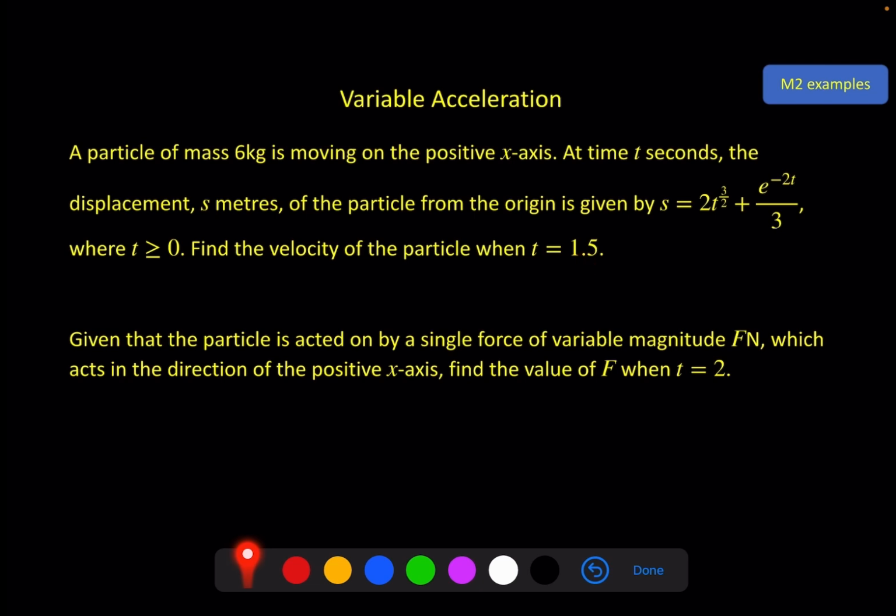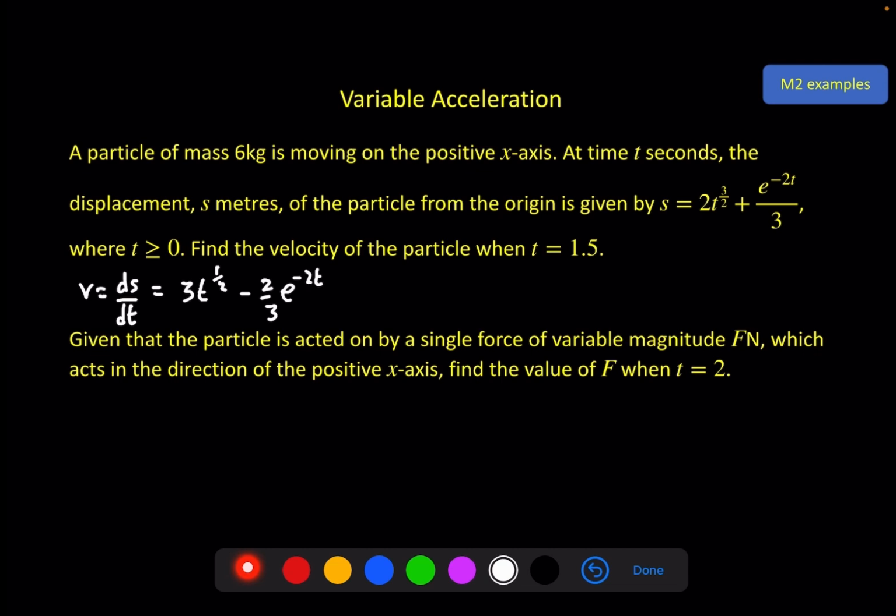Okay, again, take note of the words. We need to find the velocity. We've been given the displacement. So straight away, I'm going to need to differentiate this. That gives us 3t to the 1/2 minus 2/3 e to the minus 2t.